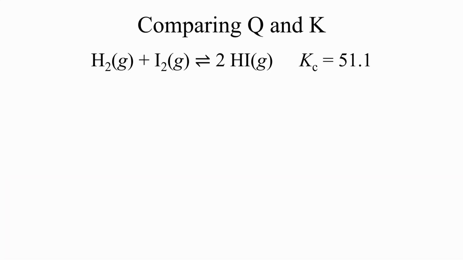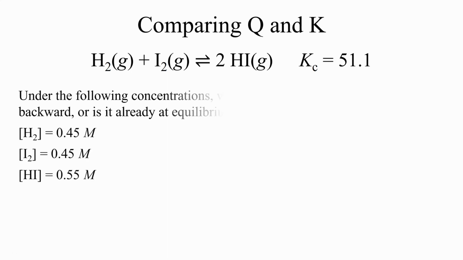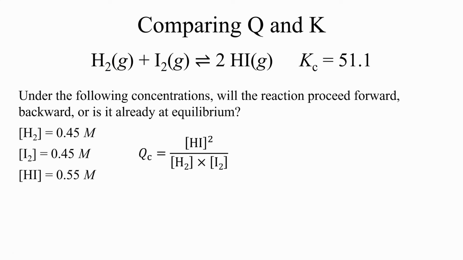Now when it comes to comparing Q and K, let's see what happens. Here we have the equilibrium between hydrogen and iodine and hydrogen iodide. The equilibrium constant at some particular temperature has been measured to be 51.1. Now, under the following concentrations, will the reaction proceed forward, backward, or is it already at equilibrium? Let's take the equilibrium expression, Q. Let's take these starting concentrations, plug them in, being sure to square HI, and see what we get.